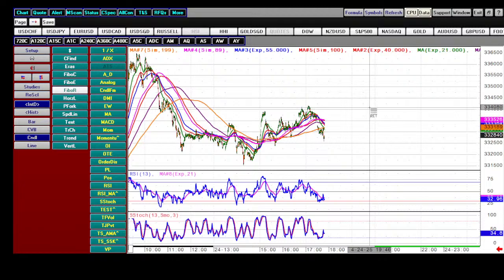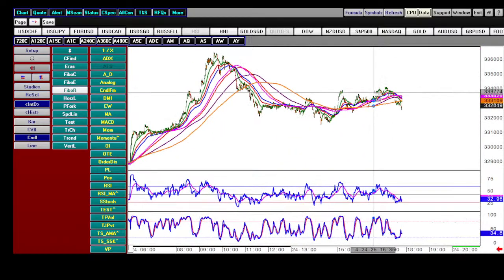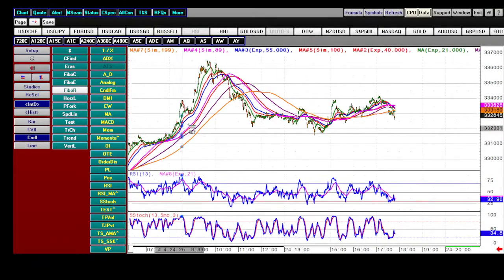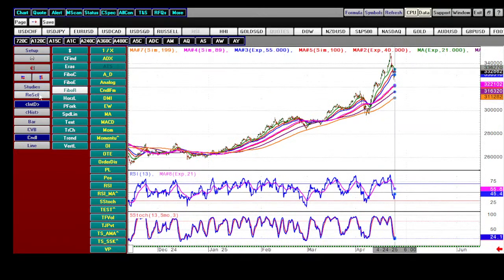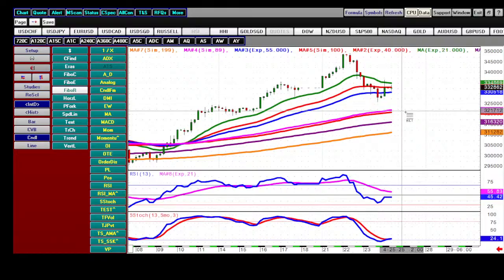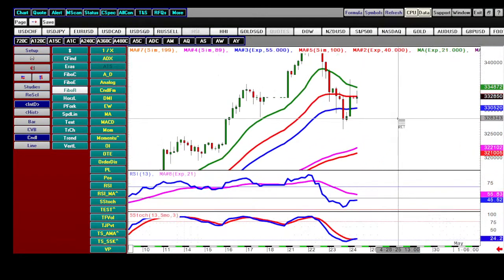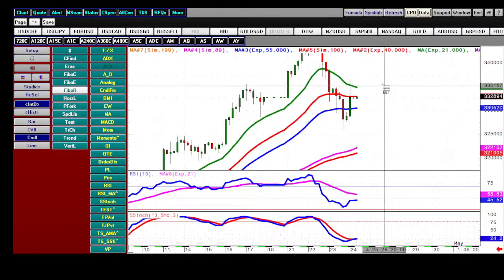So what has happened is most likely, if you see the price, the correction, the pullback is most likely over. So if we are right, we should see the price heading south again one more time.